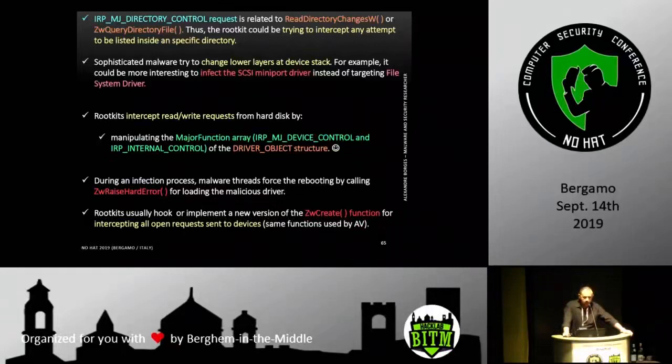But we have further techniques to hide the rootkits. For example, some rootkits infect your machine and force a reboot by using this special API, ZwRaiseHardError. Other rootkits try to compromise the ZwQuerySystemInformation function because this special function is used by several antivirus programs.